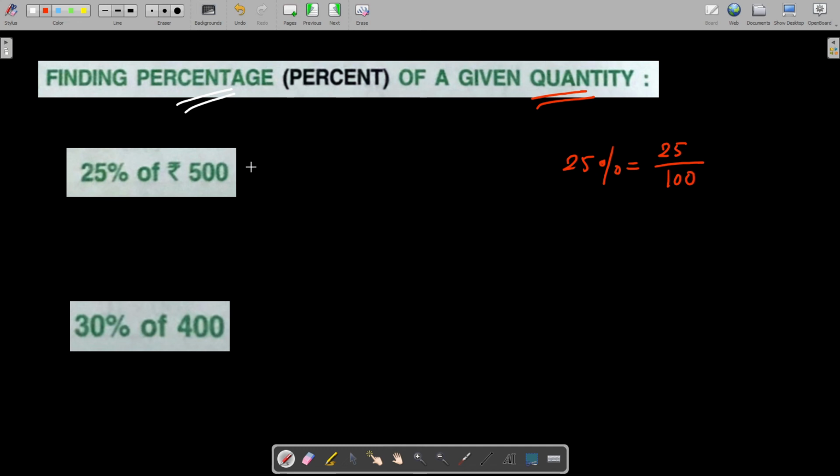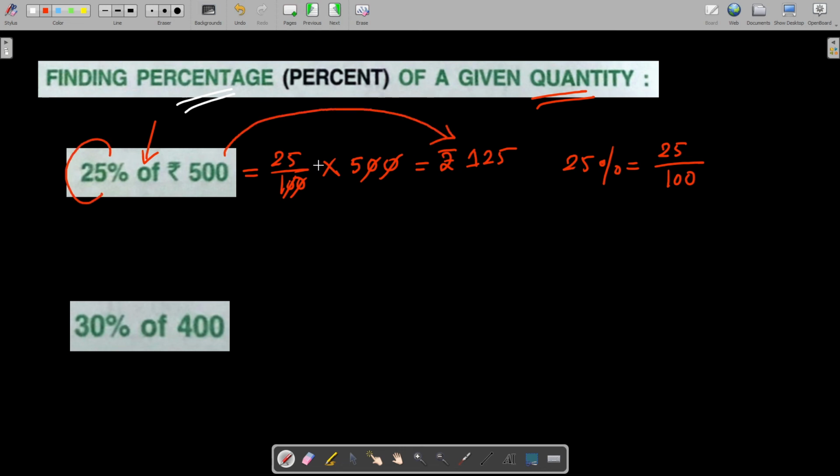So in place of 25%, I will write 25 by 100. In place of the 'of', I'll write the multiplication sign. Then I'll write the quantity. So the zeros get cancelled. 25 into 5 is 125 rupees. So what did we understand? 25% of 500 is 125 rupees.